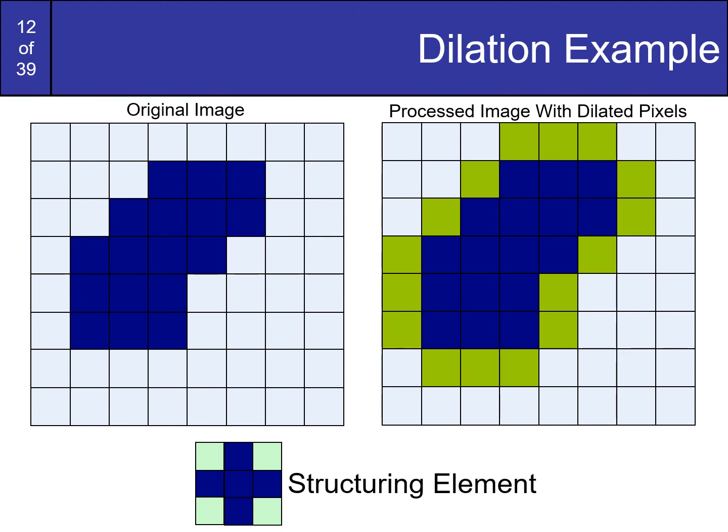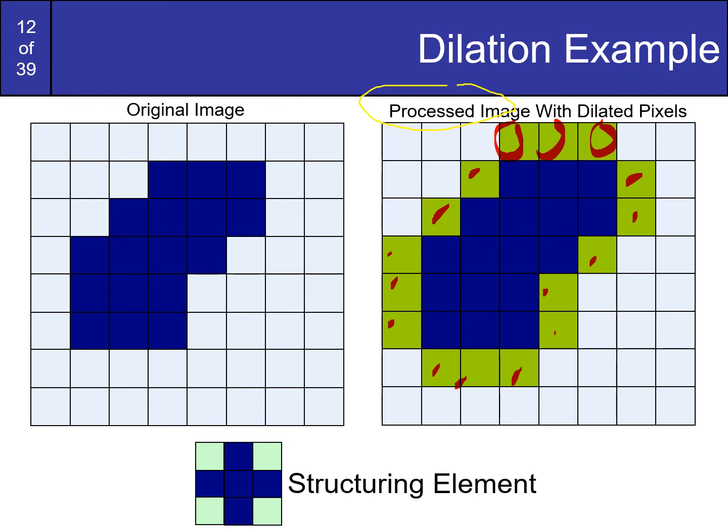When we color those pixels with 1 in the processed image, the extra ones we change to green. You can see here green, green, green, and there are other greens as well, but the original object pixels with 1 remain in blue.